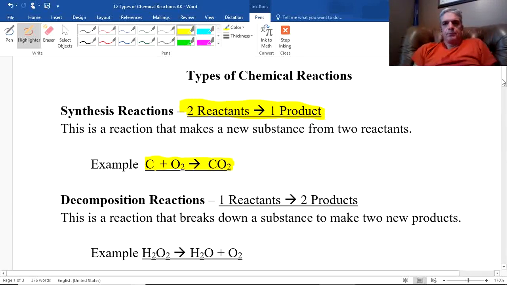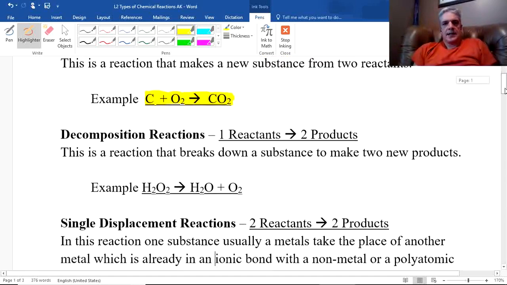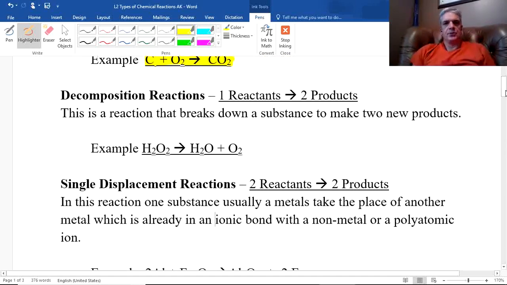Now, the next one is the exact opposite. It's a decomposition reaction. So when something breaks apart, decomposition refers to breaking them apart, okay? So 1 reactant breaks into 2 products, okay? Makes into 2 things. And the example that I am going to have here is what we refer to as peroxide, dihydrogen dioxide, breaks apart and forms water and then also gives off oxygen.